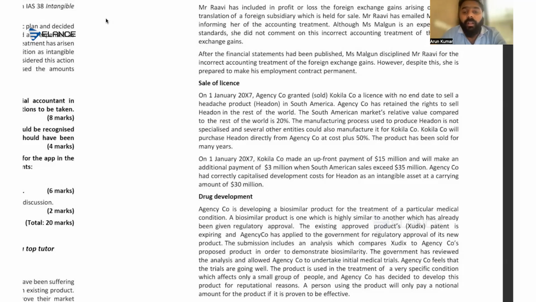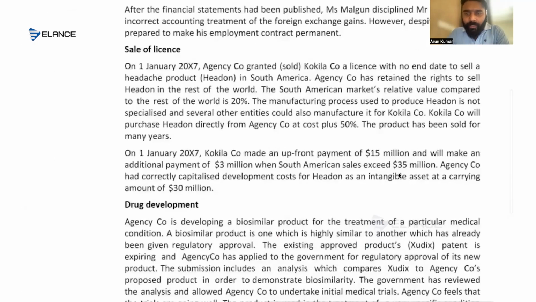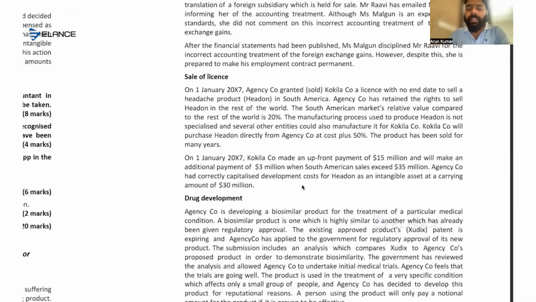Okay. So how will you deal with that situation here? Here we are getting 15 million as proceeds, and the overall carrying value of that intangible asset is capitalized at 30 million.